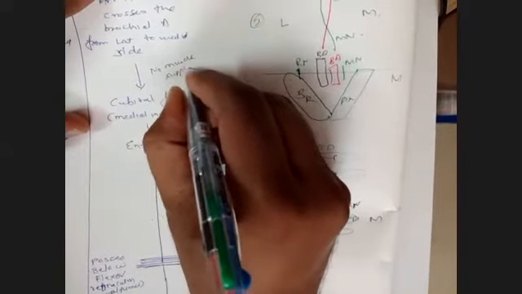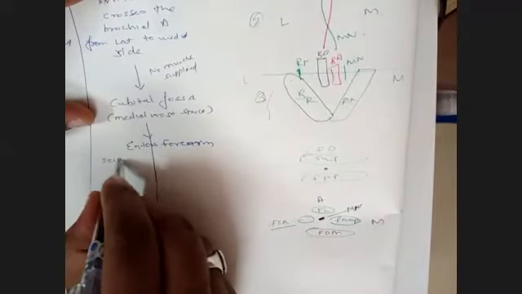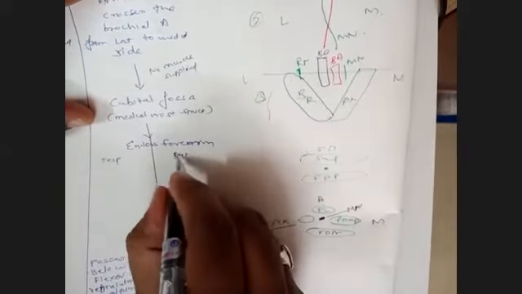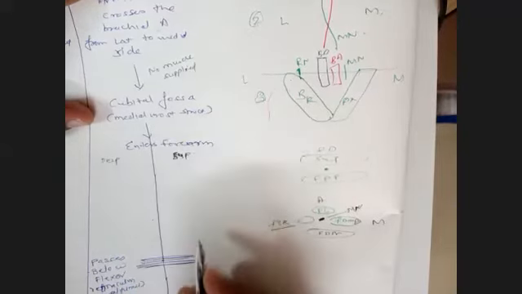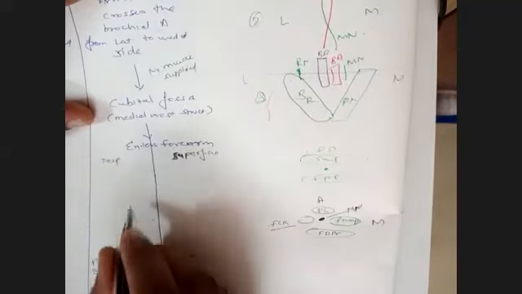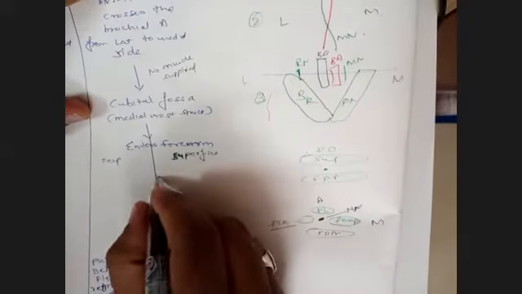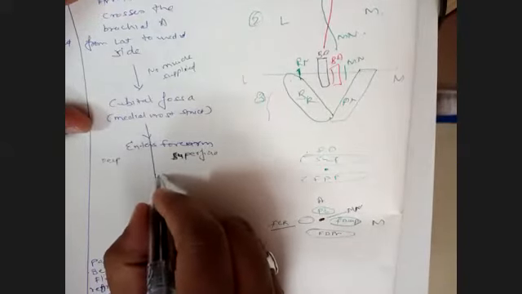Now here, for convenience sake, in the forearm, I am writing this as deep compartment and this as anterior compartment or superficial compartment. In the superficial compartment, all of us know that there are 5 muscles. Of these 5 muscles, 4 muscles are supplied by the median nerve.